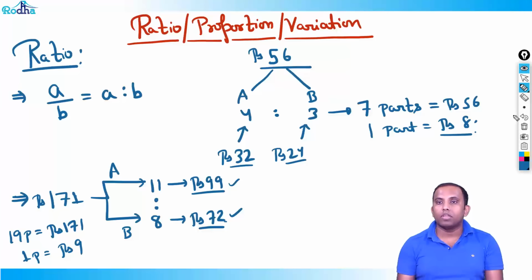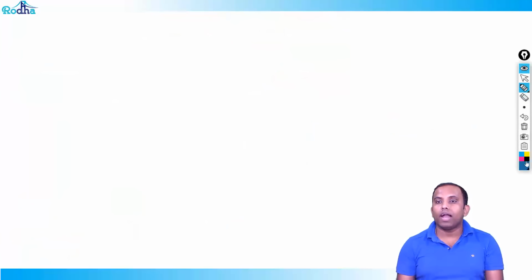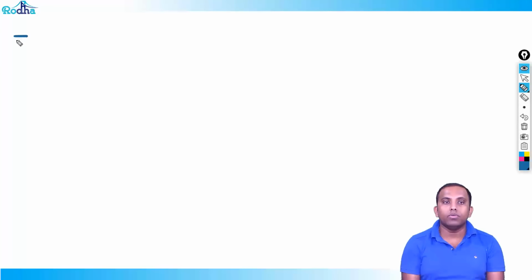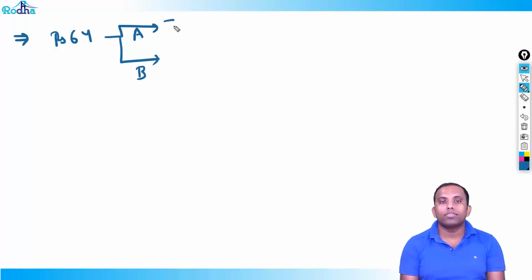Meaning of ratios. So what we actually do is, suppose I'm dividing rupees 64 between two persons A and B in the ratio of 7 is to 9.